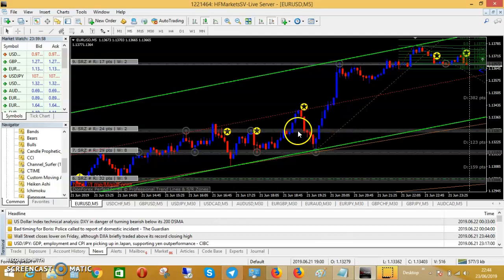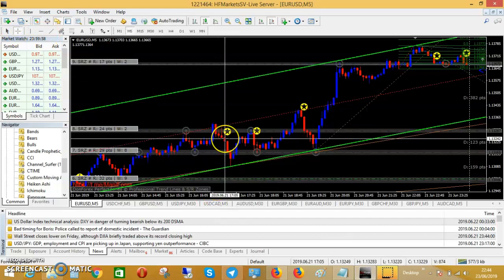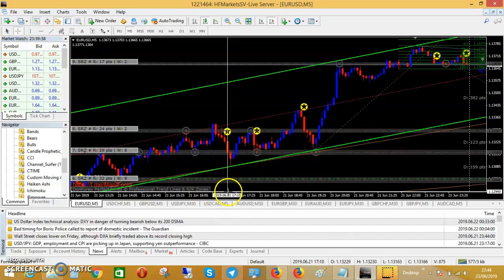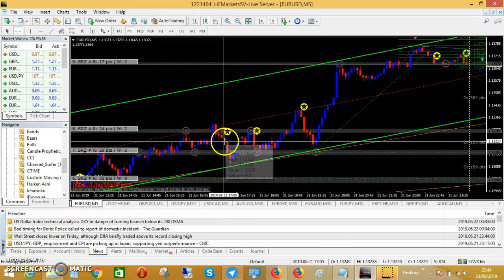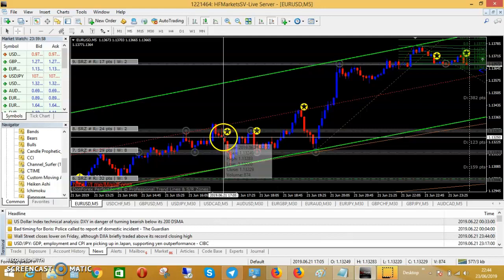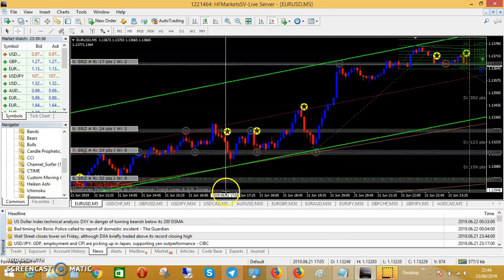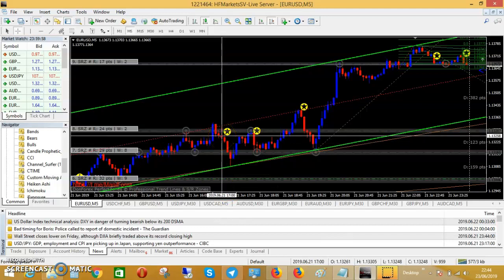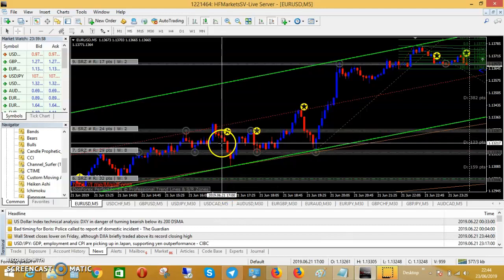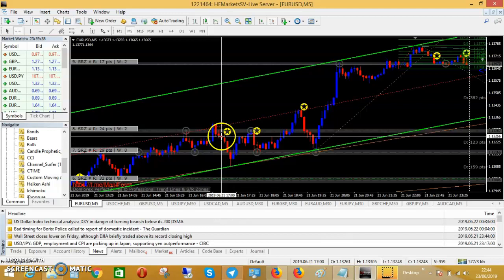Let's look at this area. Let's assume that we have a signal on this bar, this is 1705 according to the server time, that says buy. Let's use 1700 that says buy Euro USD at 1700.